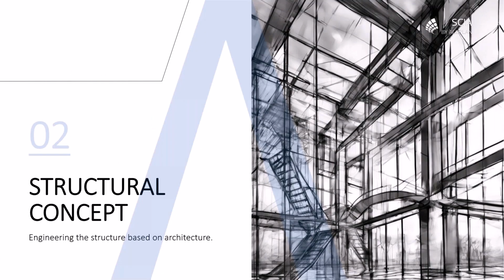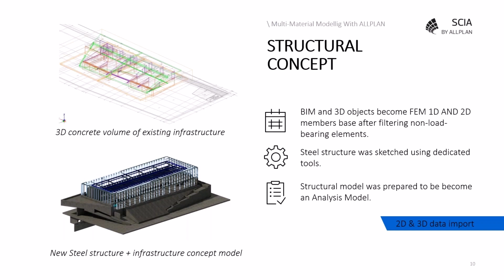And now there's the structural concept. So the structural concept means that we need to provide some engineering to the work. So we have something existing, we have a theme from the architect, and now it's our job to prepare a concept, because we as engineers have some experience, have some expectations. So just looking at what the architect wanted, we can decide how the flow of forces can occur, where to position columns without affecting the architecture, and so on.